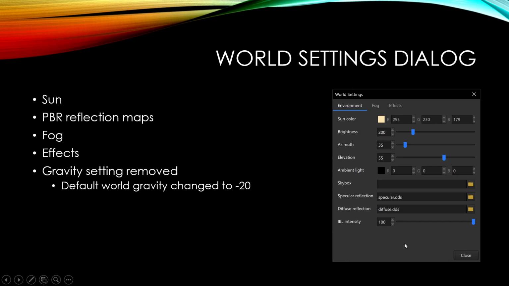I removed the world gravity setting because I didn't feel that it was really that useful. It can still be set. You can still add a component that changes the world gravity, but normally it's not something I see people using. I also changed the default world gravity to -20. On Earth, at the surface at sea level, the gravity is something like -9.8 meters per second squared.